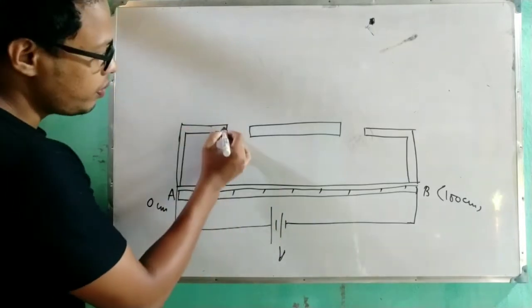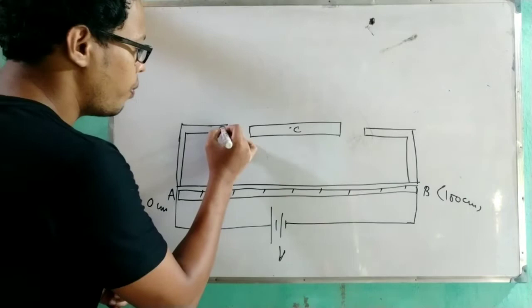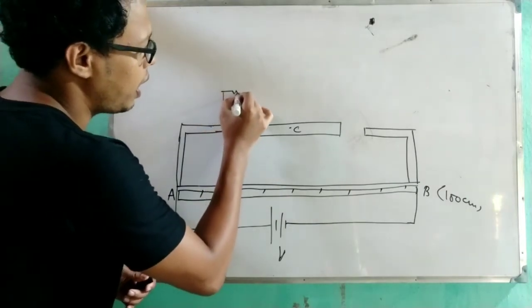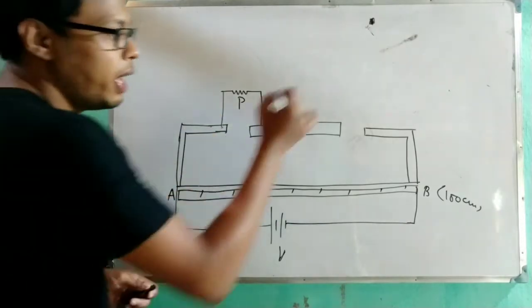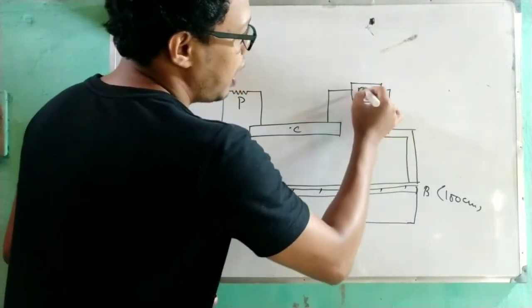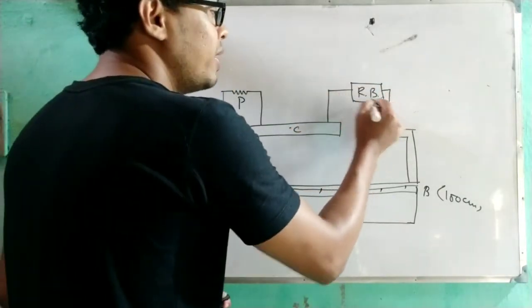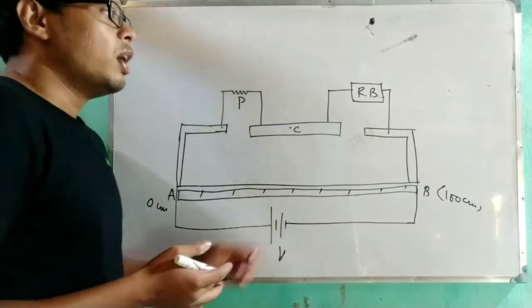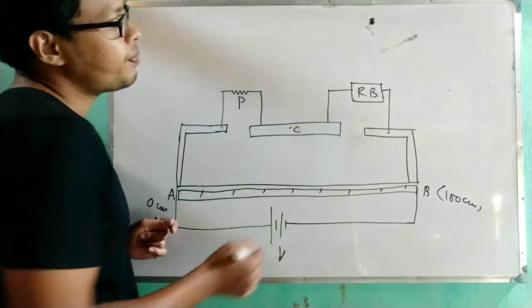Here, this point I am giving C, and from this terminal one unknown resistance is connected. Here suppose I am giving this P, and from here this is a known resistance which I am giving RB, meaning resistance box. Resistance box means here we will get so many resistances, like from 1 to 10 or 1 to infinity also.